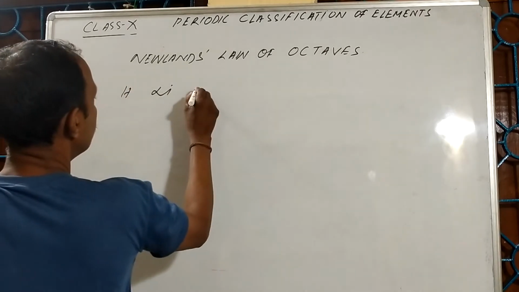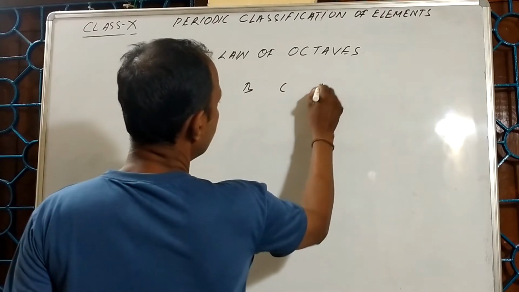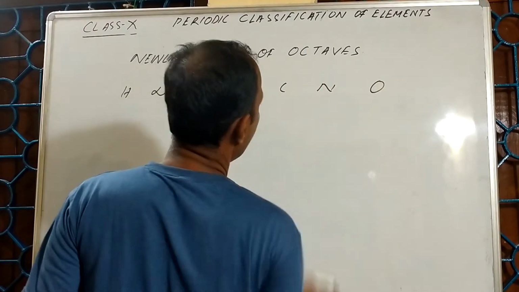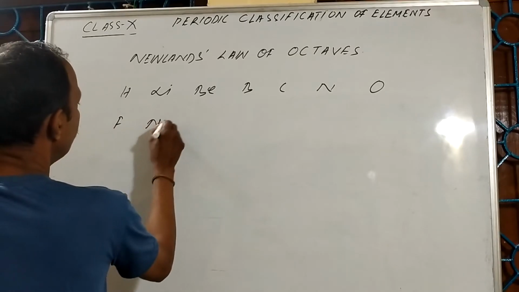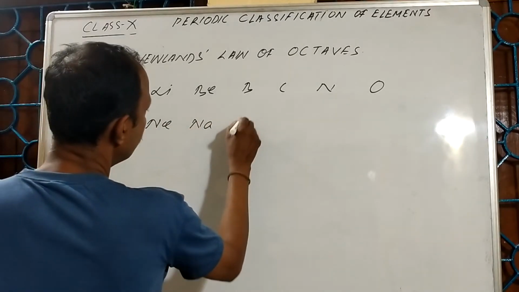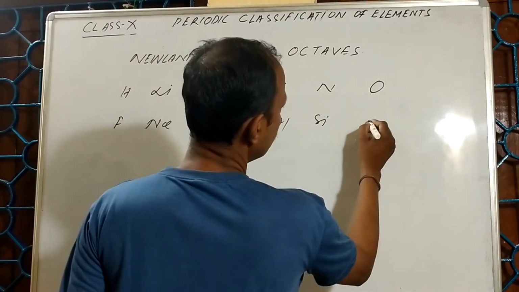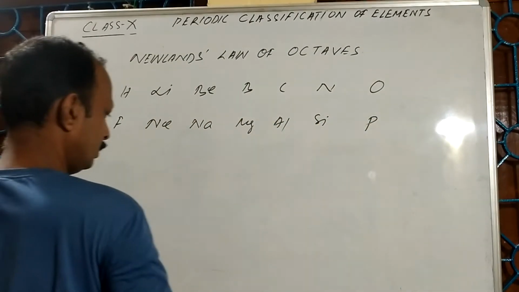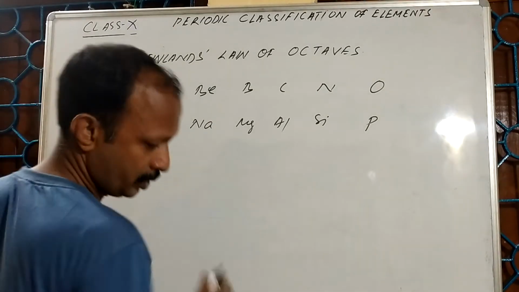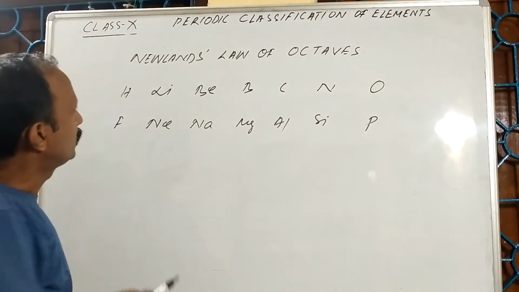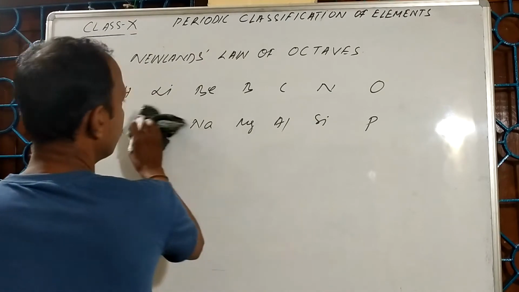Hydrogen, lithium, beryllium, boron, carbon, nitrogen, oxygen, fluorine, neon, sodium, magnesium, aluminium, silicon, phosphorus, then again hydrogen, lithium, beryllium, boron, carbon, nitrogen, oxygen, fluorine. Neon was not there.